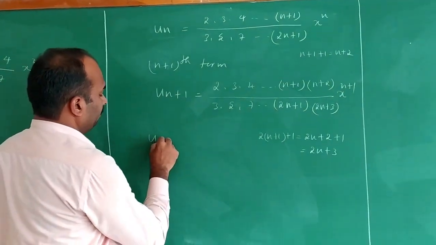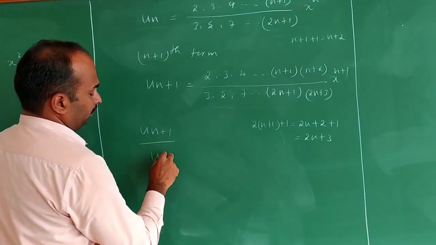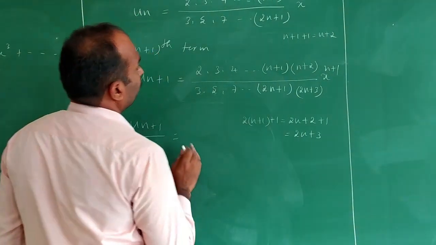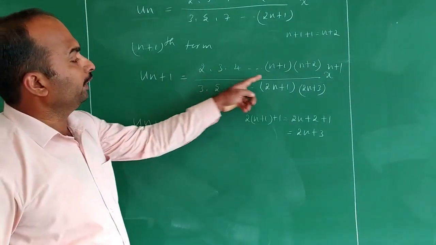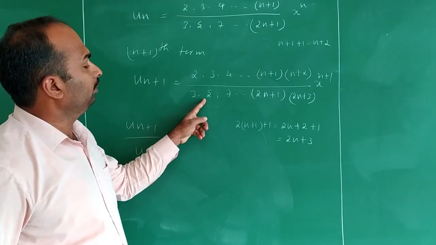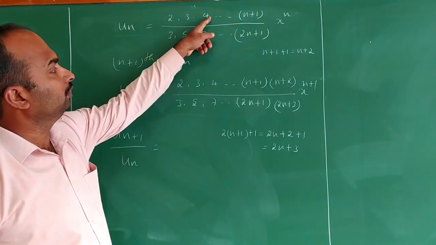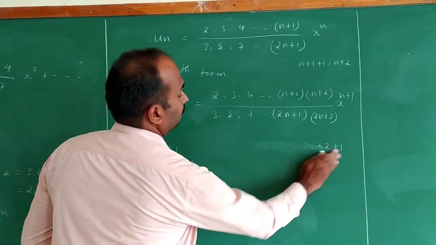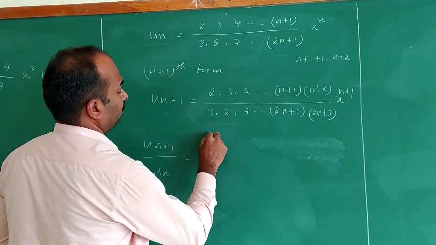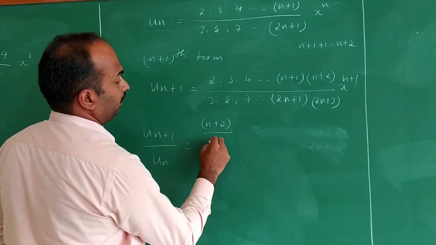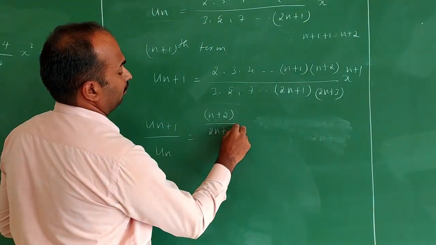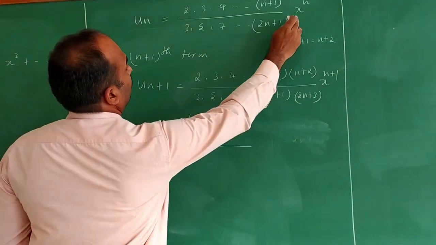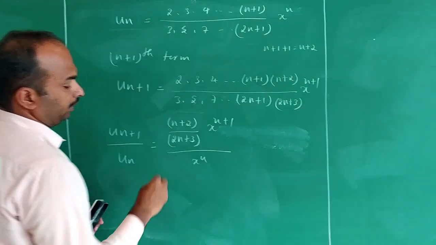So now I will divide un plus 1 by un. When you divide it, from 2 to n plus 1, and from 3, 5, 7 to 2n plus 1, these terms and these terms are the same. So therefore, we are left with n plus 2 divided by 2n plus 3 into x to the power of n plus 1, divided by, here only x to the power of n.